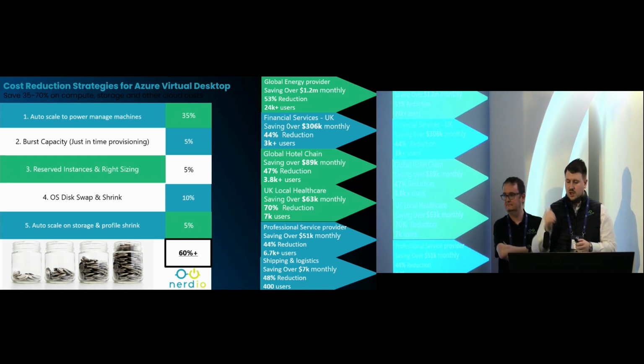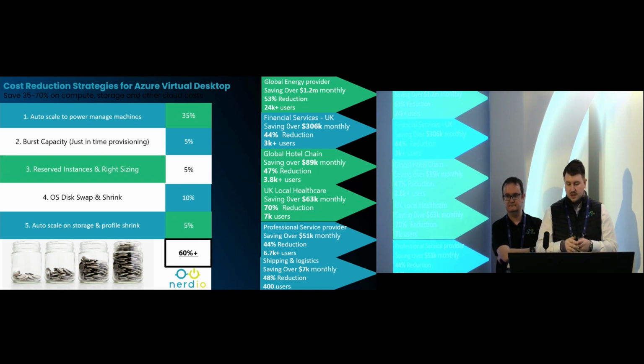So going top down, for one customer, we're saving them $1.2 million a month in their Azure spend. They are a large global energy provider. That's for 24,000 users plus. So large organizations are now turning to this AVD and Nerdio solution. We have a financial service organization saving $306K a month.